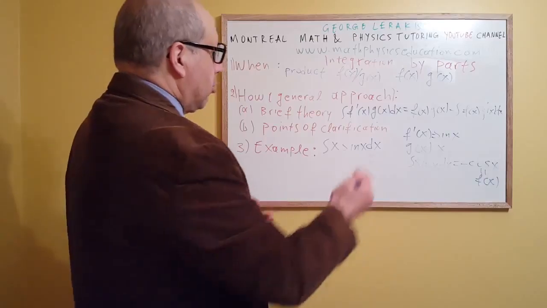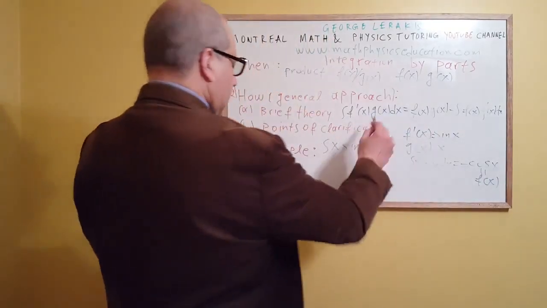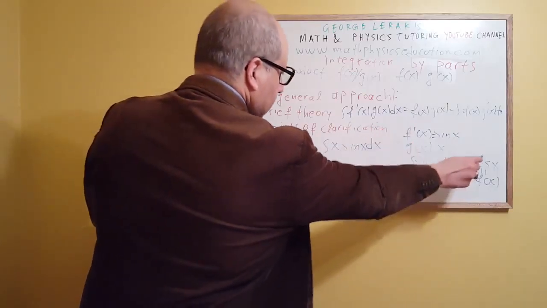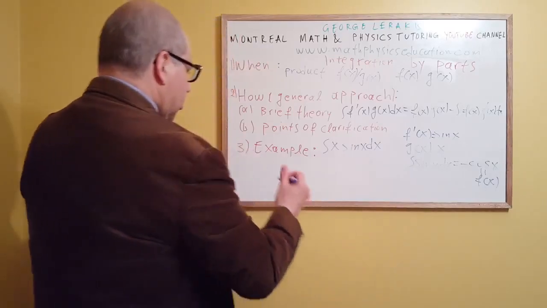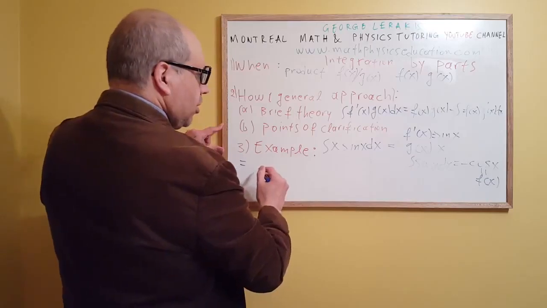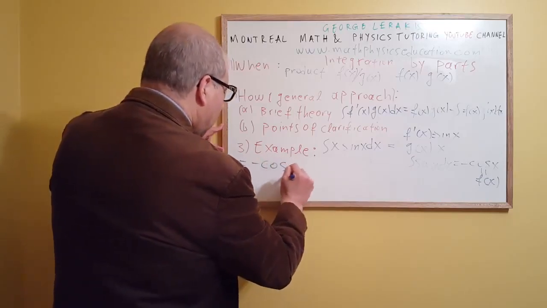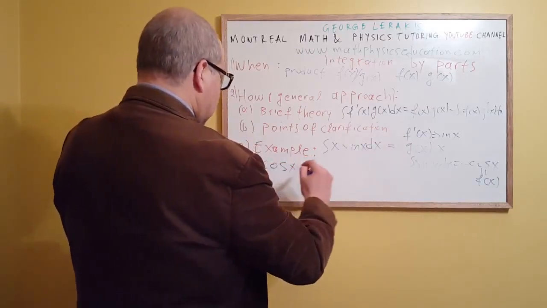So that's it. If you now apply the rule directly, we said that f of x is negative cos of x. So this integral should be equal to negative cos of x times g of x, which is x.